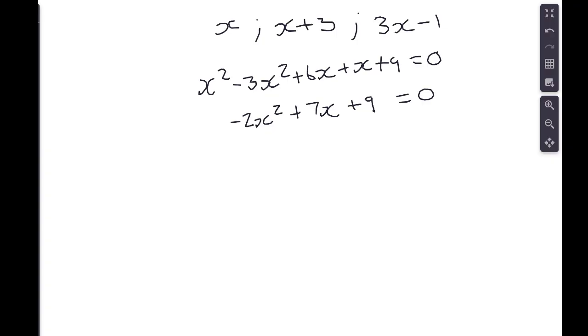We multiply everything by negative 1, we get 2x squared minus 7x minus 9 is equal to 0.